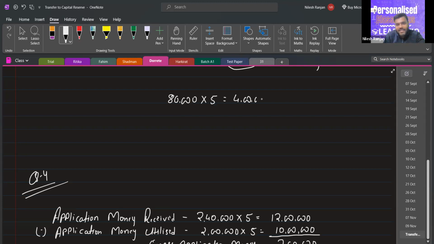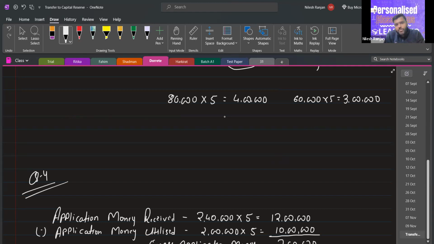In the third category, there are 60,000 shares, and we have received 3 lakh.